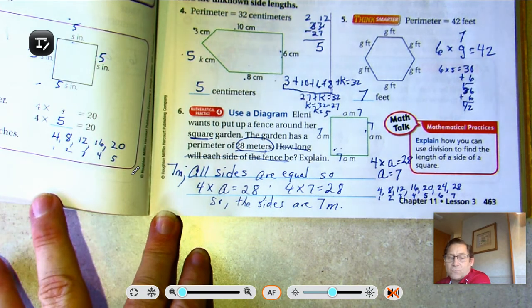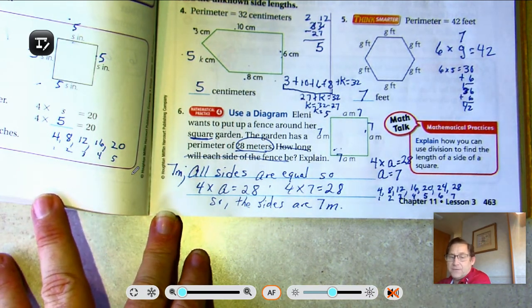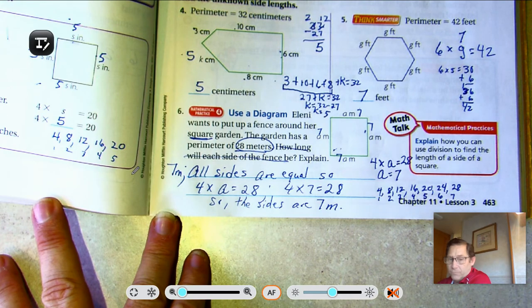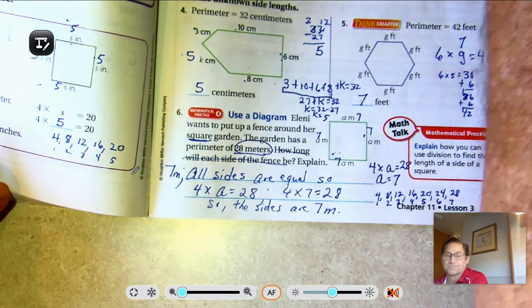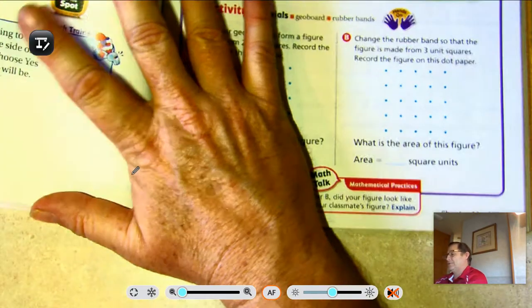Well, all sides are equal, so 4 times something is 28. 4 times 7 is 28. So the sides are 7 meters. Okay, 464.